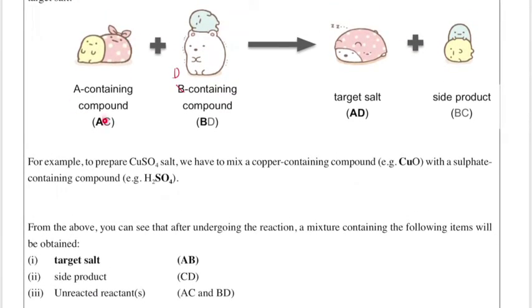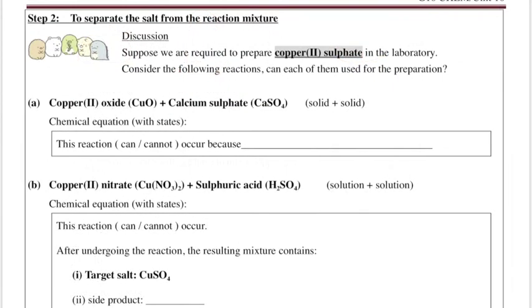So how to choose the two reactants. If we only consider the two reactants, that one of them contains the cation that we want and the other one contains the anion that we want, there are loads of combinations. But among those combinations, which one is suitable to be chosen to make the salt? What is the criteria that we need to consider when choosing the two reactants?